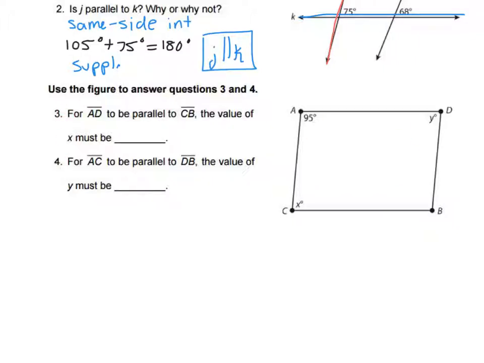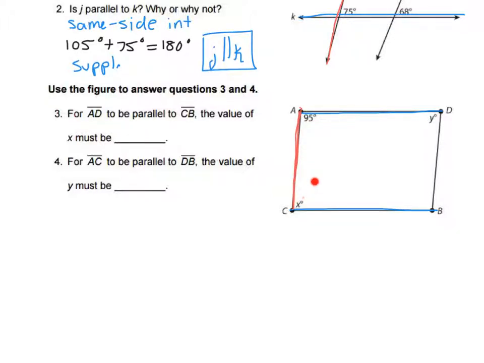So first they say for AD to be parallel to CB, the value of x must be blank. So again, we have two lines here and here, and then we want to pick the right transversal. So they're asking about x, so I'm going to use AC as our transversal.